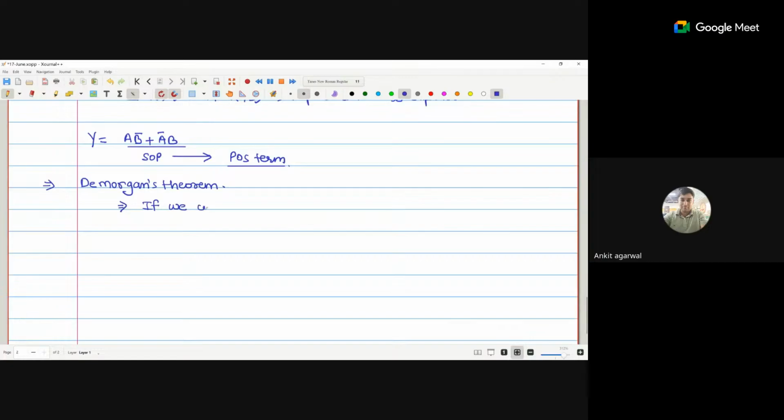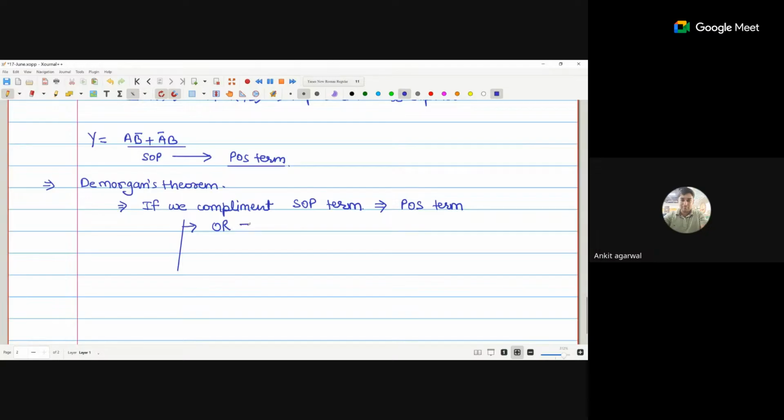It says that if we complement the SOP term, then it will be converted into the POS term. And what are the outcomes of this?